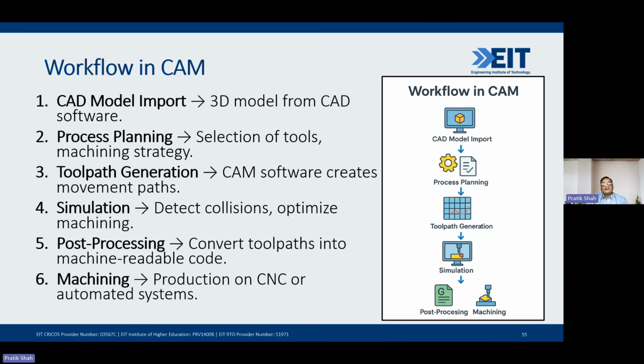The simulation will detect collisions of the tool if the program is going wrong, followed by post-processing, that is converting the tool paths into machine readable codes. Machine readable codes here means CNC machines will always understand a specific type of machine language known as a part program, which is a combination of M codes and G codes.